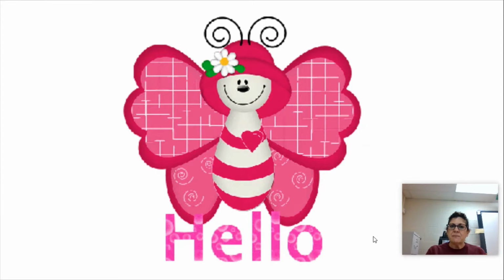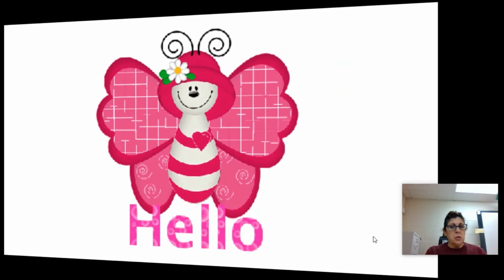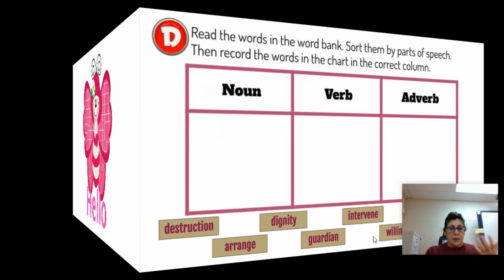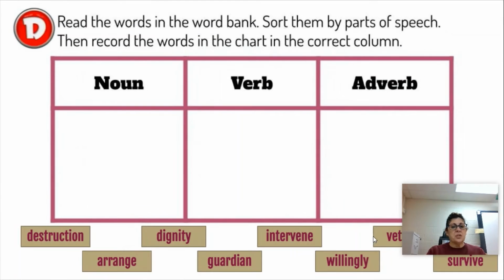So, we are going to introduce today, right now, an activity. This is what you are going to do. You are going to create this table on your device, or your notebook if you're just using pen and paper.